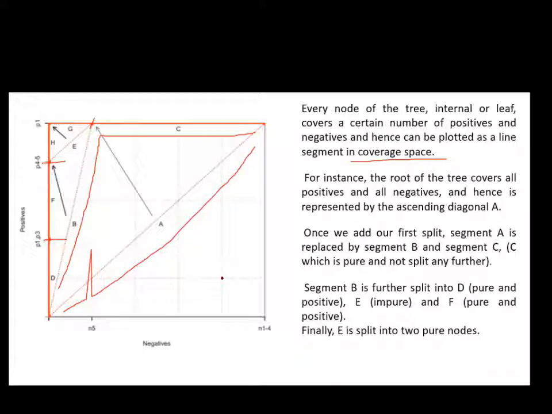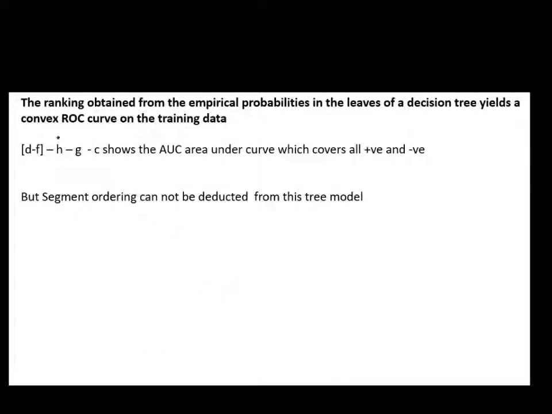But here the problem comes. The ranking obtained from the empirical probabilities in the leaves of a decision tree yields a convex ROC curve on the training data.